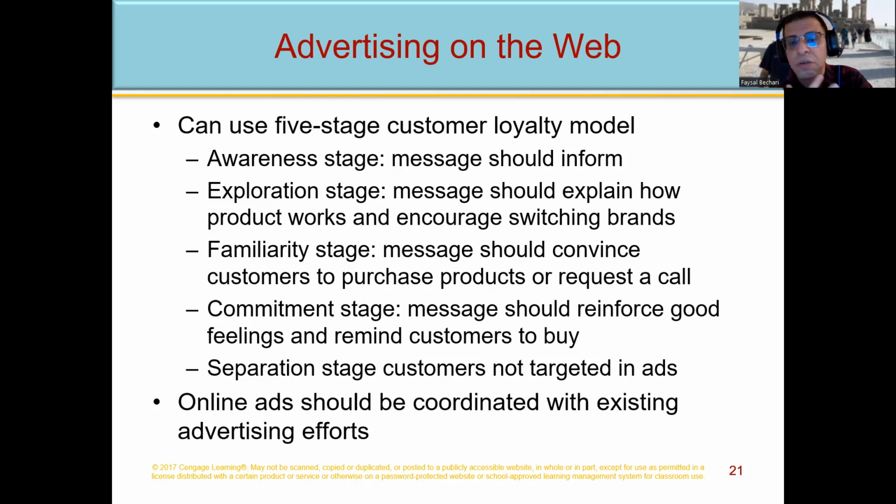Then the exploration stage, where messages should explain how the product works and encourage you to switch to their brand, their website, or their services. Then the familiarity stage, where messages should convince customers to purchase products and request a call, for example, to become more familiar.